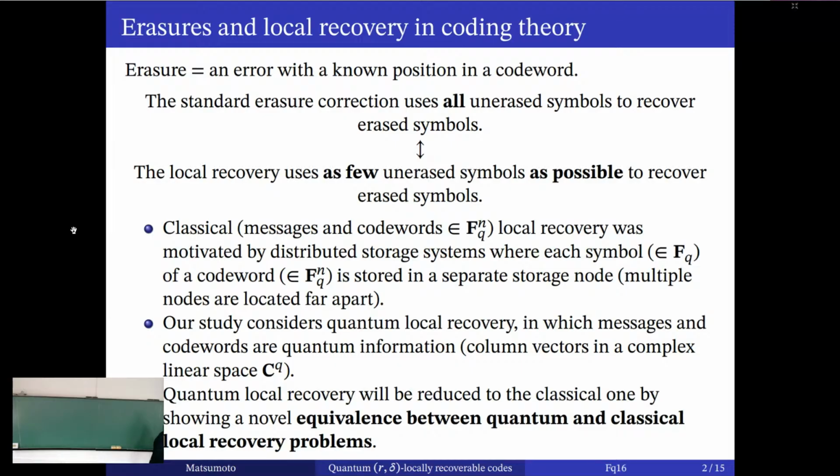Our study considers quantum local recovery, in which messages and code words are quantum information, which are column vectors in a complex linear space of dimension q. In this talk, quantum local recovery will be reduced to the classical one by showing a novel equivalence between quantum and classical local recovery problems.